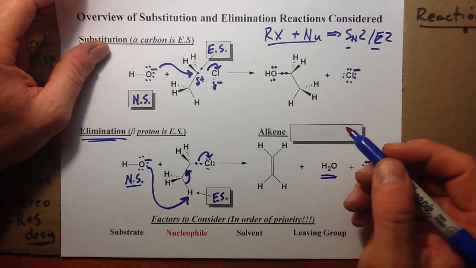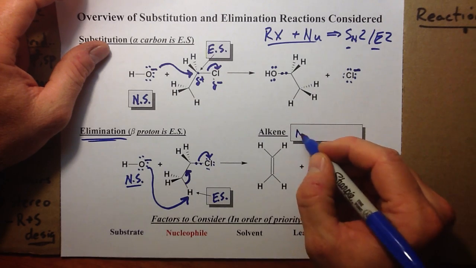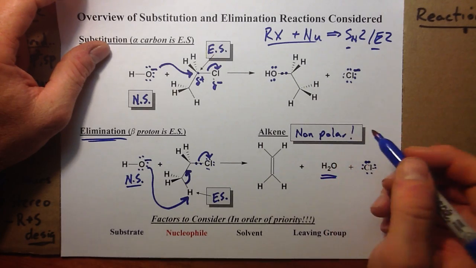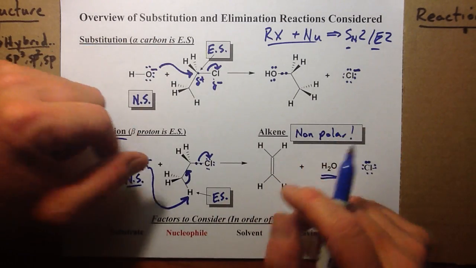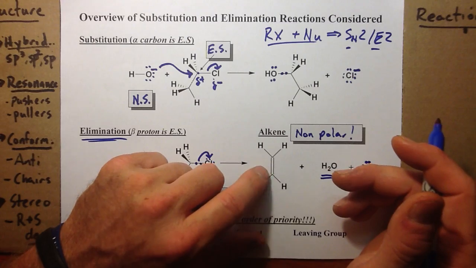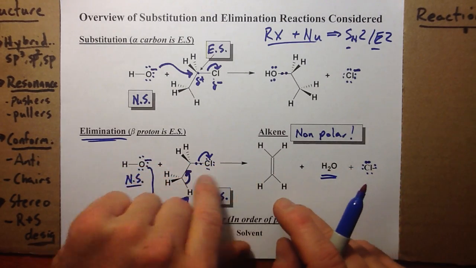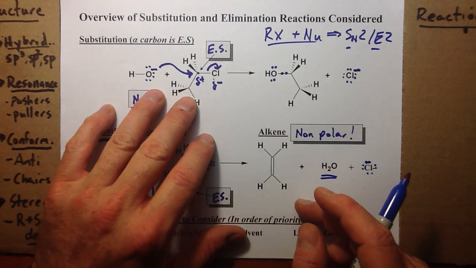So an alkene is formed. We have a non-polar product. That's important because if we have E2 reactions occurring, these non-polar products tend to boil out of the solution very readily, and that can actually drive this reaction and make it more favored than the SN2.